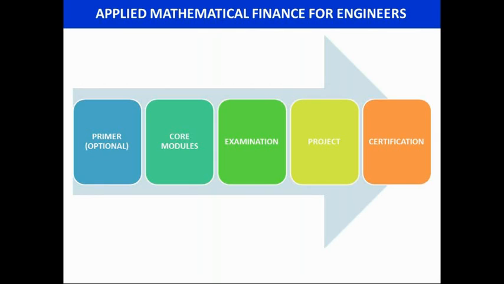But if one doesn't have those exposures, then one can opt for primers, some bridge programs that bring you up to speed to be able to take the core modules. So there are primer modules that one can optionally enroll for, and come up to speed in whichever areas one doesn't have the exposure required for the core modules.